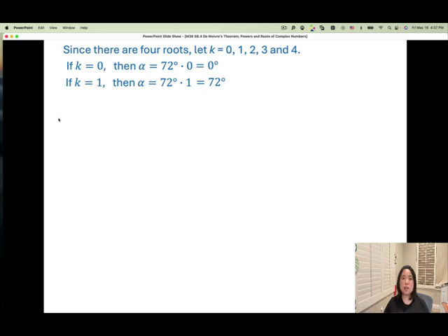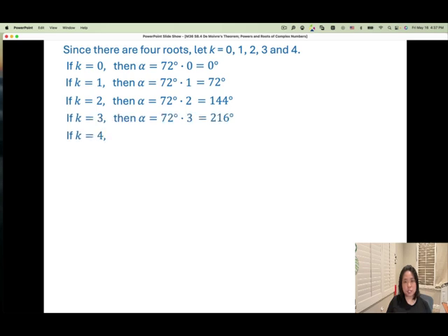Okay, try to find k equal to 2, k equal to 3, and k equal to 4. So you should get alpha equal to 144, 216, and 288 degree.